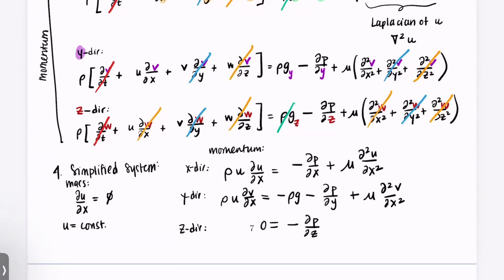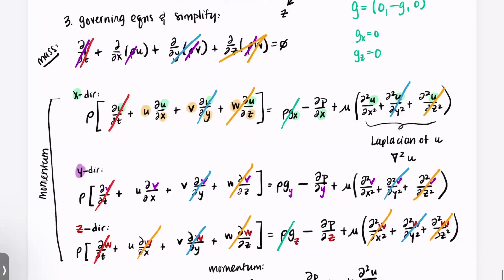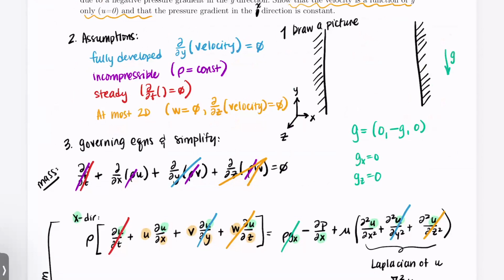All right, and so in order to figure out what this constant is, we're going to use boundary conditions. Let's take a look at our picture. Our u velocity is going to be anything moving in this direction. Typically when we want to solve conservation of mass, we're going to use a boundary condition that leverages the impermeability of our wall.